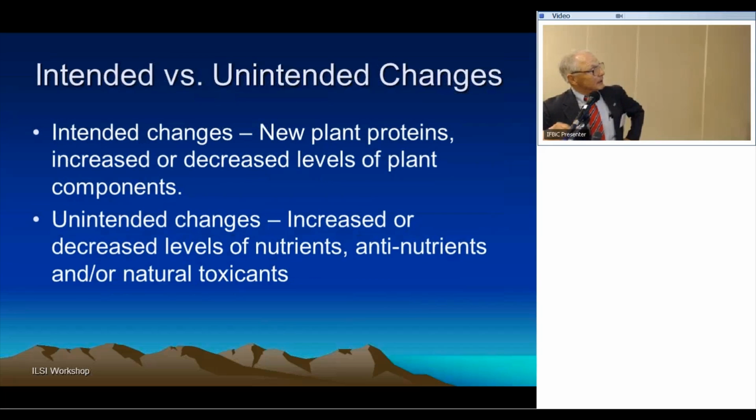Intended versus unintended changes. Intended changes in new plant proteins, increase or decrease levels of plant components. Pretty straightforward. We've talked about that during the workshop. Unintended changes, increased or decreased levels of nutrients, anti-nutrients, and/or natural toxicants, and there's something called other compounds that are thrown in that come up in the OECD documents.